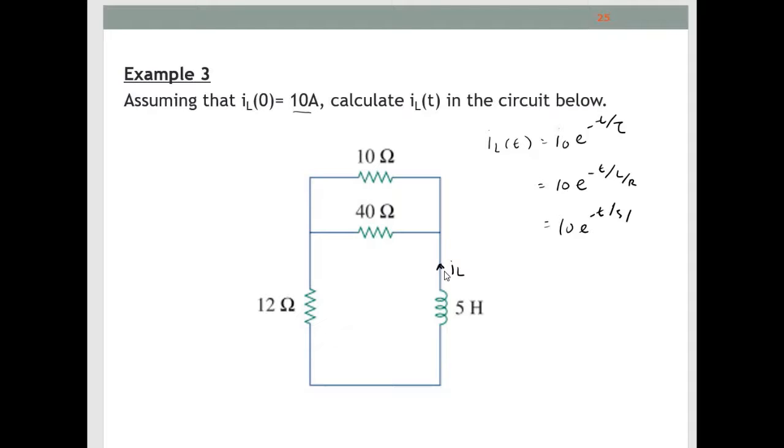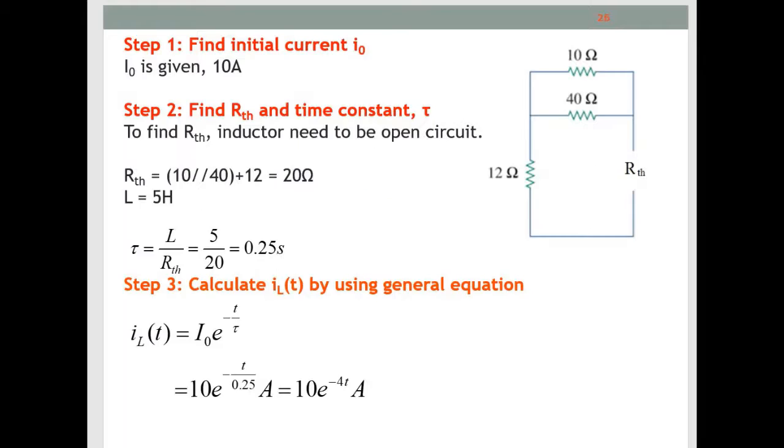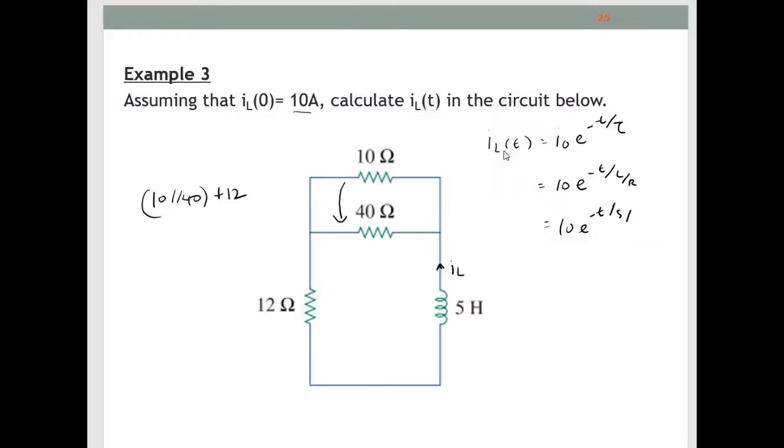You need to start from here. Make it parallel plus series: 10 parallel with 40 plus 12 here. Okay, there is more detail in the explanations, but this is also almost finished.